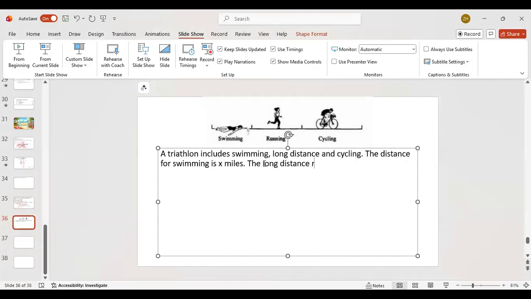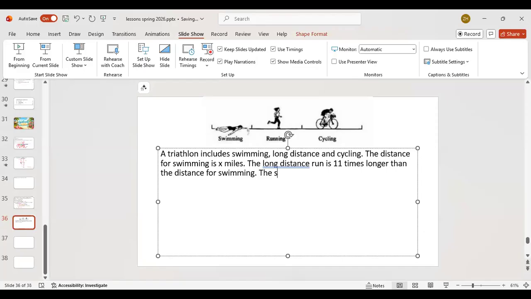So the long distance run is 11 times longer than the distance for swimming. Right?